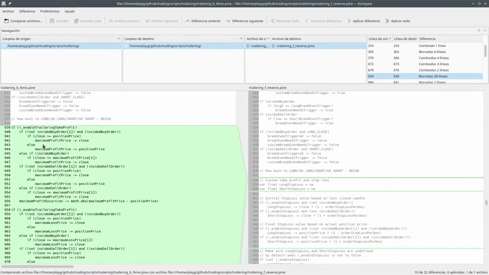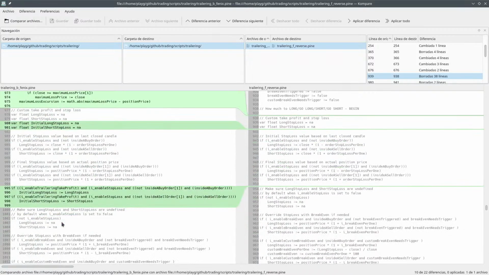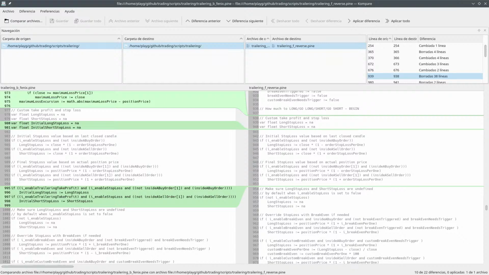Here we have maximum profit price, maximum profit excursion, and so on, which we need to make also here, because right now what we have here is this initial take profit, but we do not have whatever we usually do with all of this, which I'm going to show you.